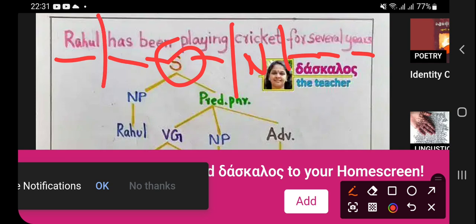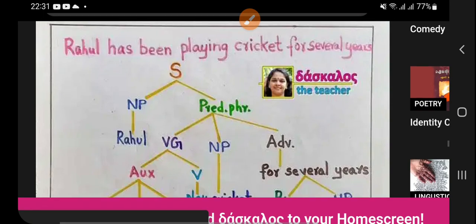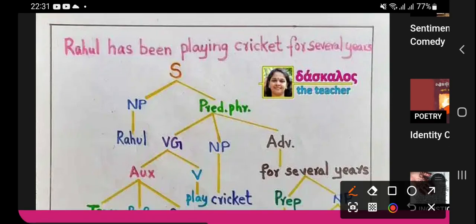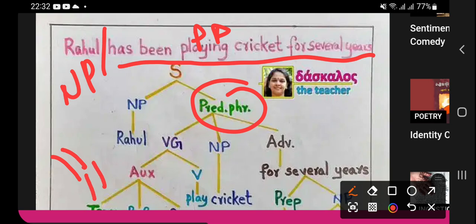In the beginning we have seen that one word is also called a phrase, so Rahul is a noun phrase, and the rest of the part, the whole part, is called the predicate phrase. This is the predicate phrase, and this is the noun phrase. This is a tree, so the first branch is this way and the other branch is this way.